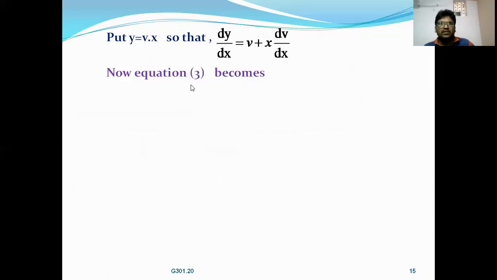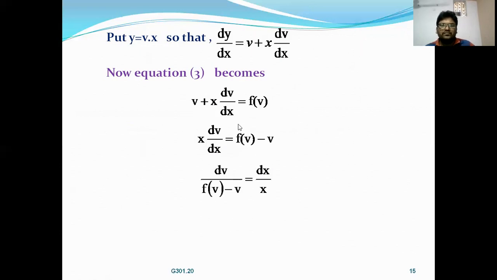So now the above equation becomes v plus x dv by dx is equal to f of v. So this v can be taken to the other side, then you will get x dv by dx is equal to f of v minus v. So now, after separating the variables, you will get dv by f of v minus v is equal to dx by x.